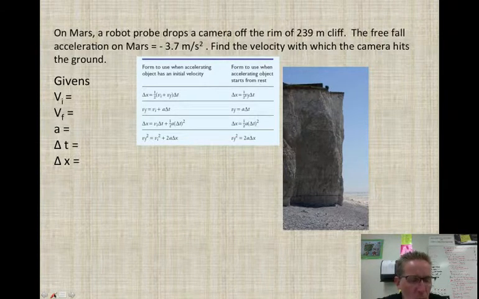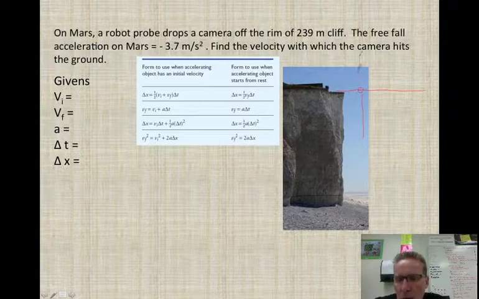Okay, so again, we would want to identify our givens, always being mindful of the sign of what we're finding here. Here's our origin, and we're working in the y-axis still. So this would be positive and this would be negative.